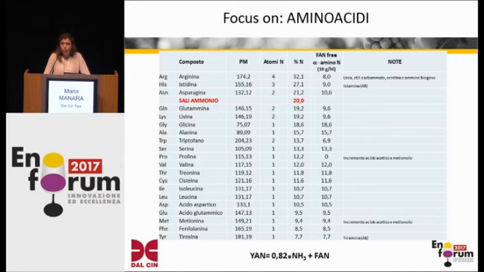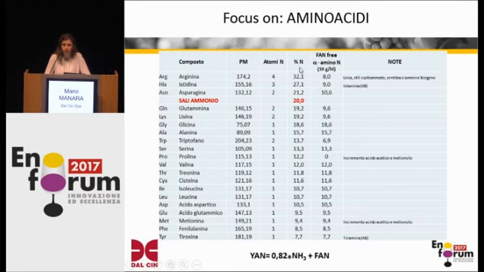I will now offer you this table where you have a summary of all the amino acids that you can have in must. Specifically, in the fifth column, you see the percentage of nitrogen, and you see that it depends on the type of amino acid.